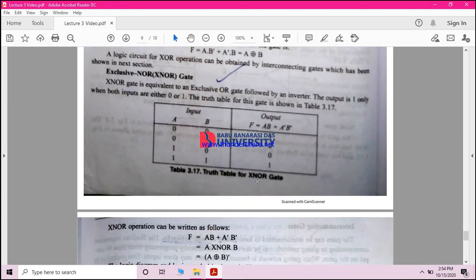And what is the exclusive NOR or XNOR gate? So the XNOR gate is equivalent to an exclusive OR gate followed by an inverter. When you put a negation on the exclusive OR or XOR gate, it will become an XNOR gate. The output is 1 only when both the inputs are 0 or both are 1.